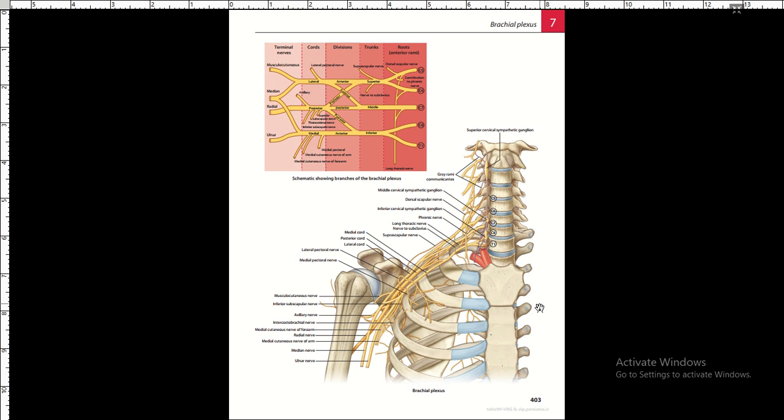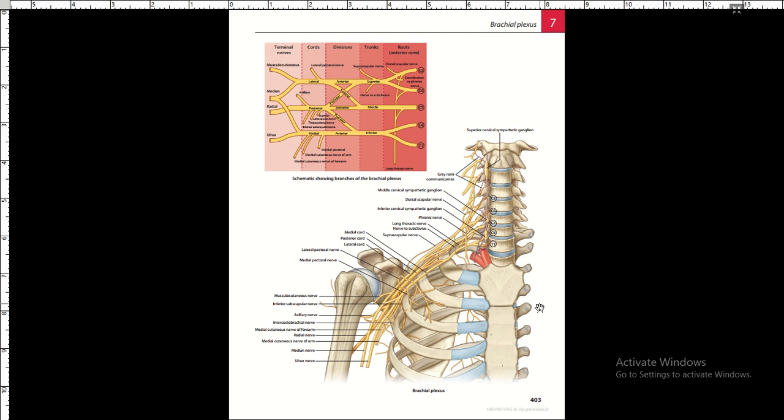It involves the nervous system that will be supplying your upper limb, which means it's gonna have motor innervation to muscles, sensory cutaneous innervation to your skin, vasomotor actions to your blood vessels, secretomotor actions to your sweat glands, all those things. They are going to be supplied via this brachial plexus.